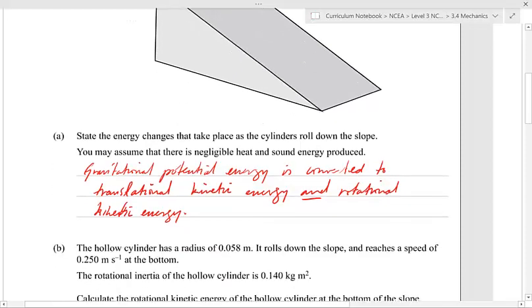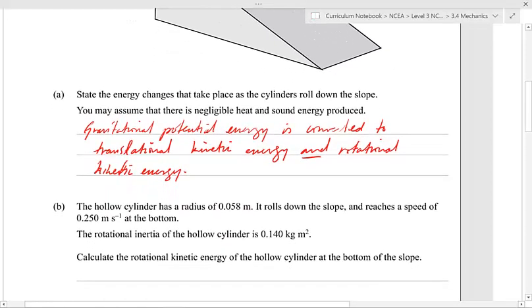And I'm guessing from the word "state" here that this is probably an achieved question.